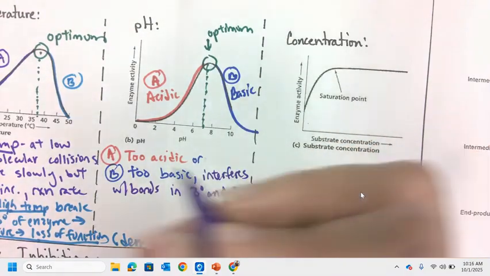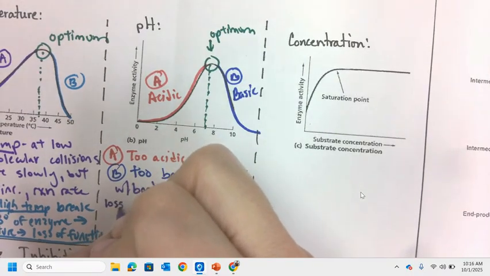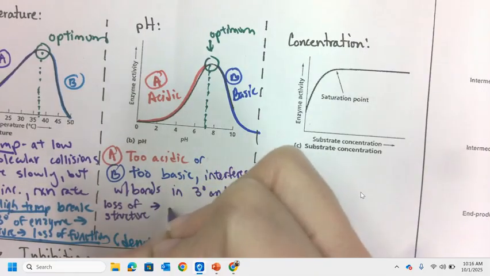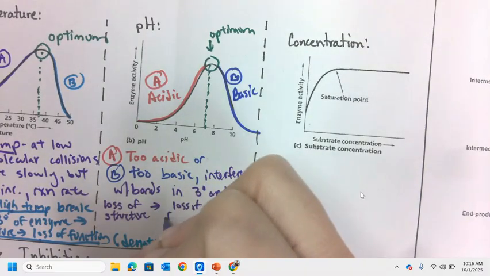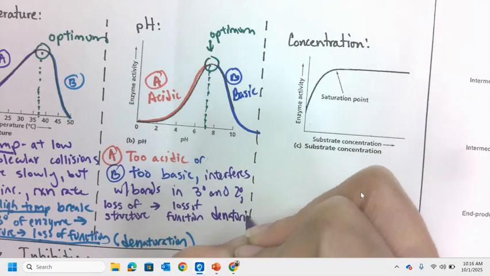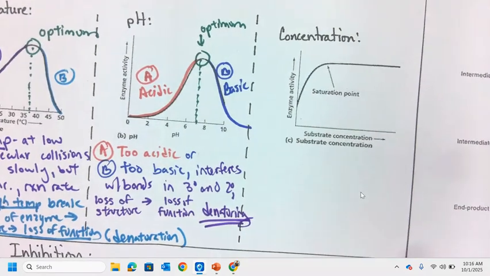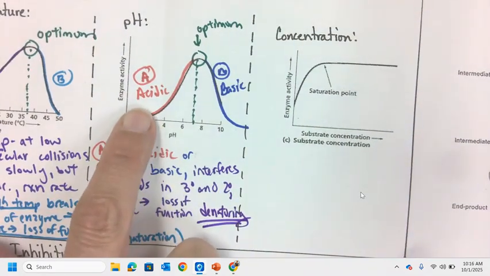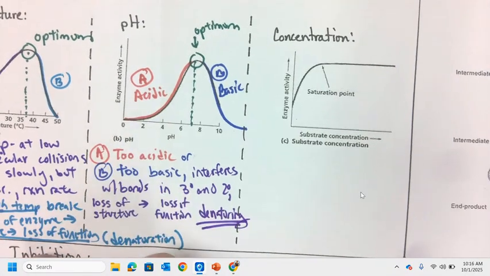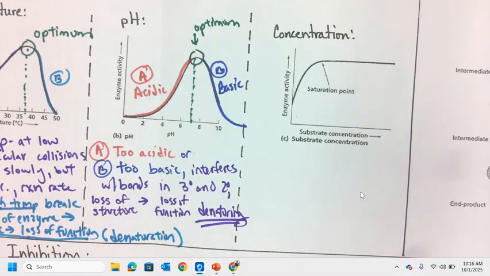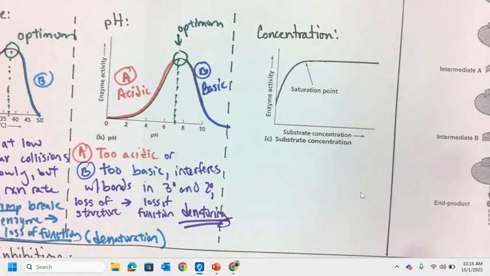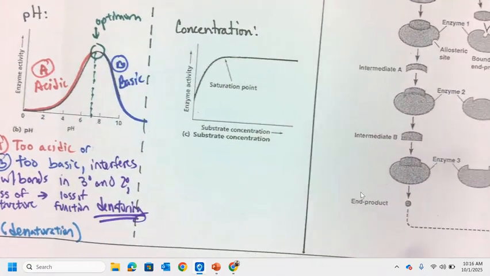And once again, this leads to a loss of structure, which leads to a loss of function. And again, we have denaturing occurring, right? Because if it's too acidic, the H plus might try to bond with a negatively charged amino acid. If it's too basic, OH minus might try to bond with a positively charged amino acid, and that might affect bonding throughout the structure.